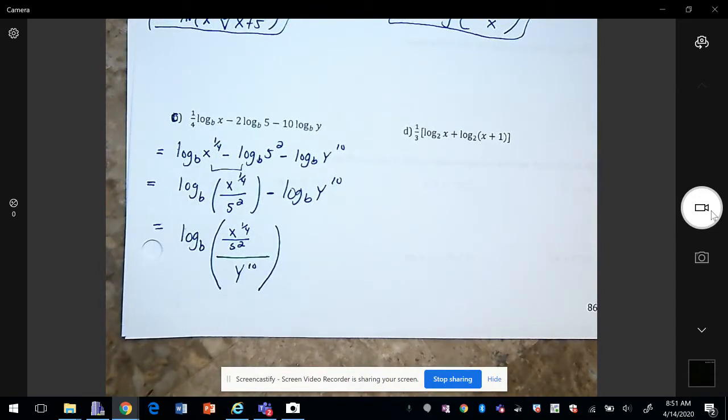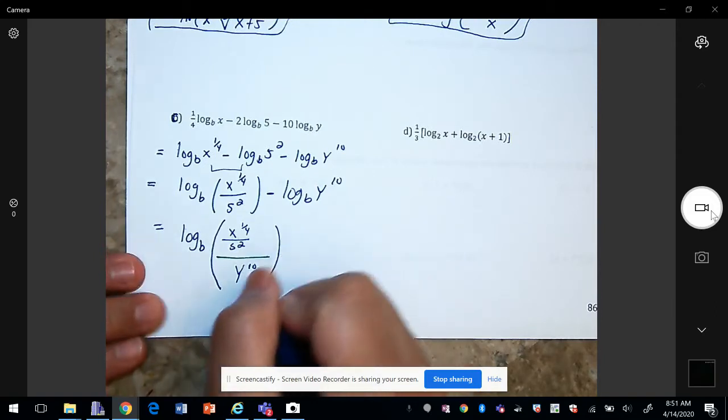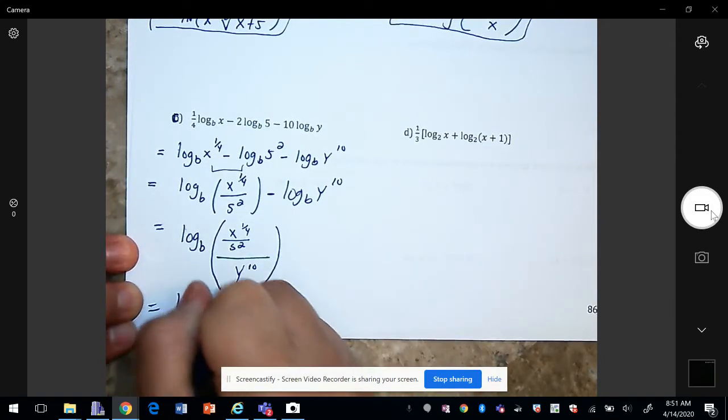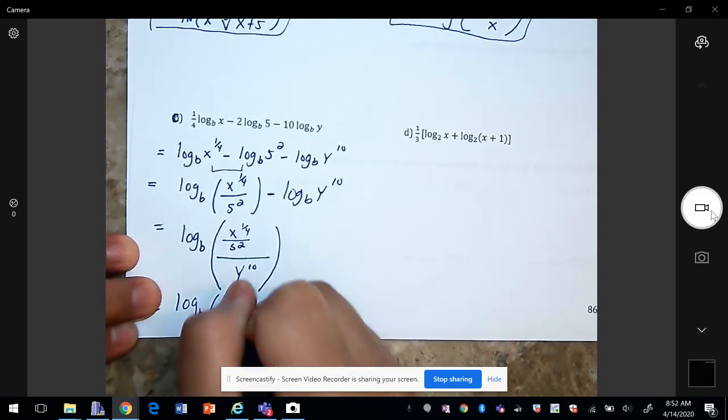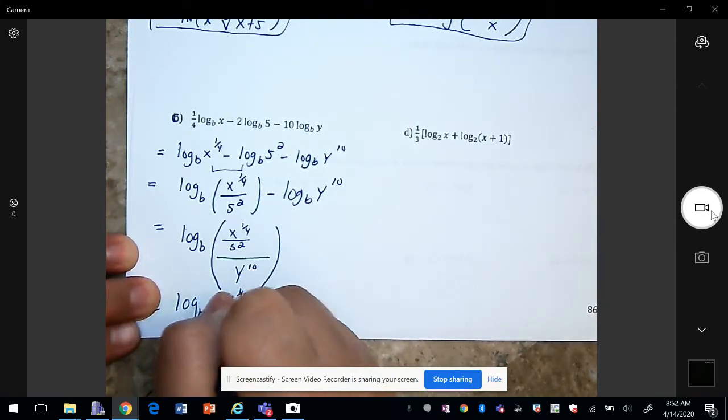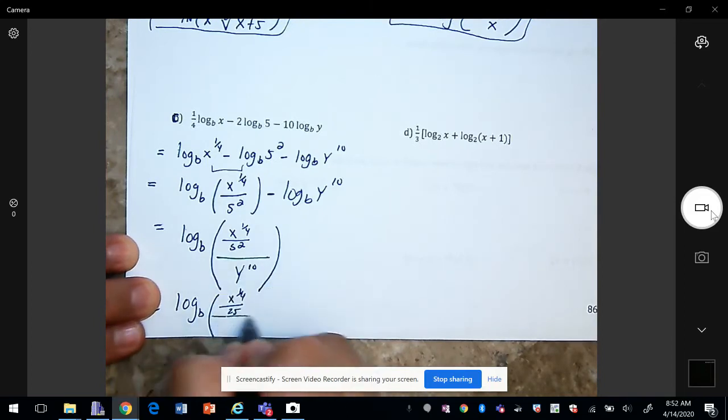Then we can start to simplify. So here I would have log b of x to the 1/4 divided by 25 divided by y to the 10th.